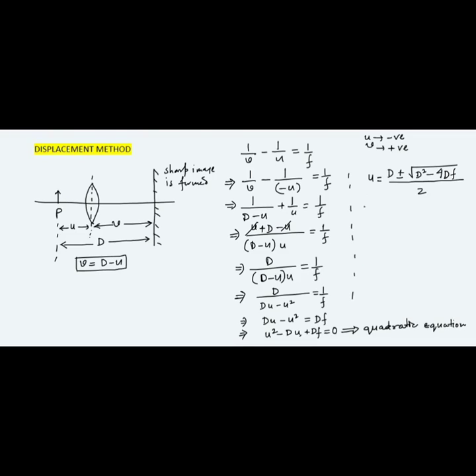So u has two values. One value is u1, that is D plus root of D square minus 4Df upon 2, and the other value is u2, equal to D minus root of D square minus 4Df upon 2.